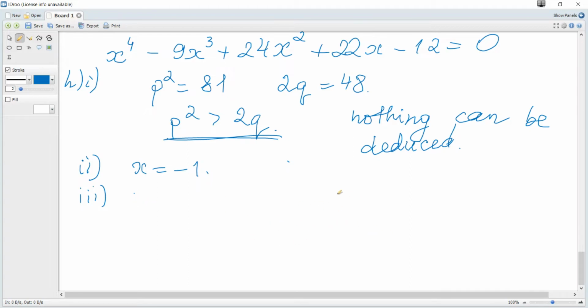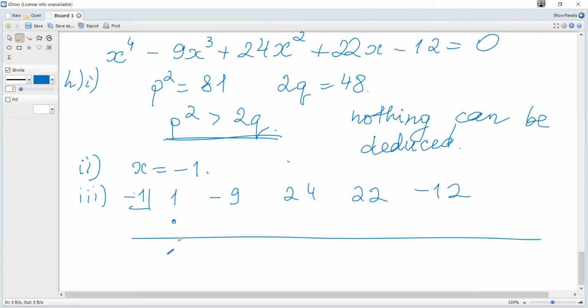I will use synthetic division, so we write -1 here, coefficients 1, -9, 24, 22, -12. 1 multiplied by -1, -1, sum is -10, -10 times -1 is 10, so 34, 34 times -1, -34, and -12, 12, 0.